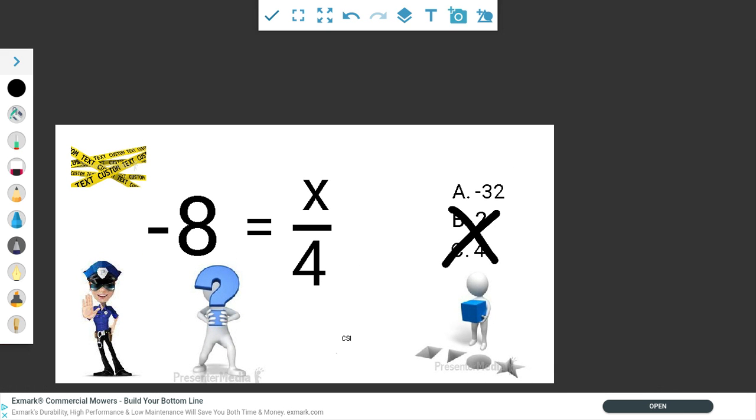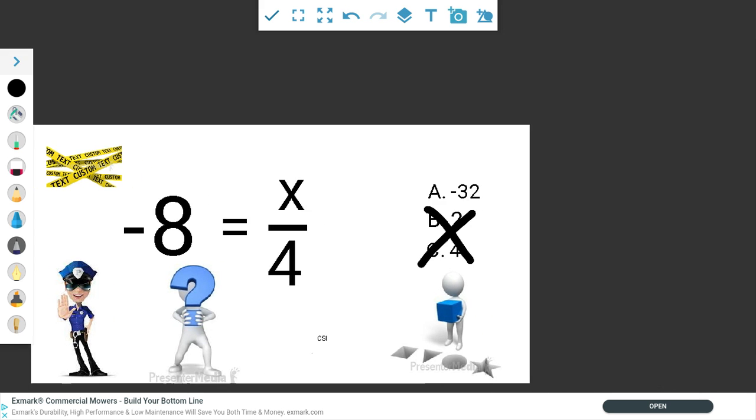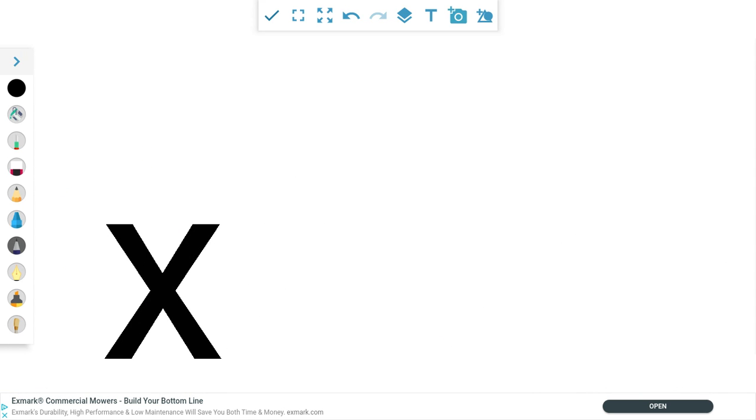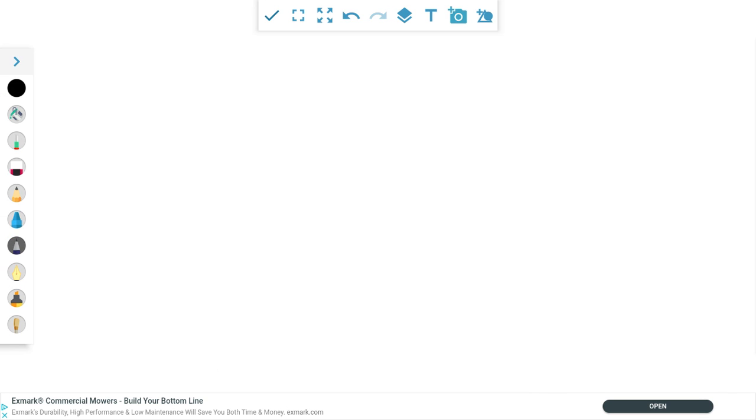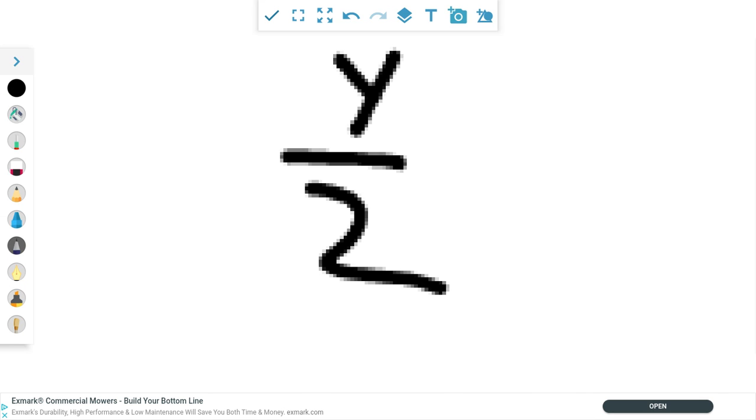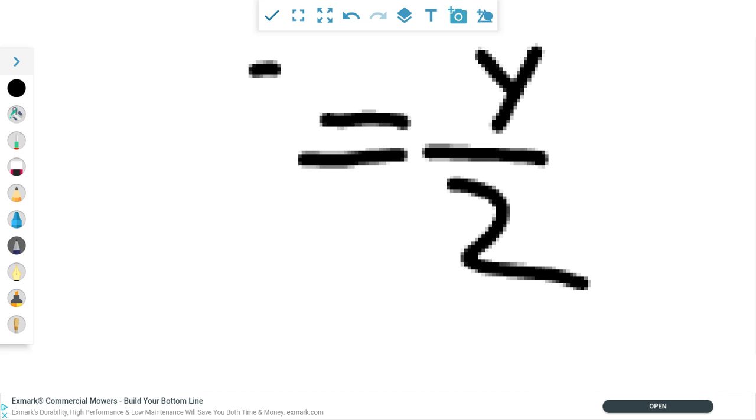We can practice another one over here if you like. I'll likely have to change the paper, but we can write really small right here. Let's think of this. Y over 2 would equal 6.